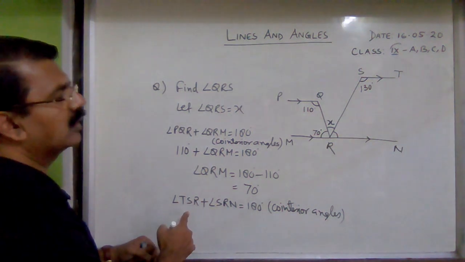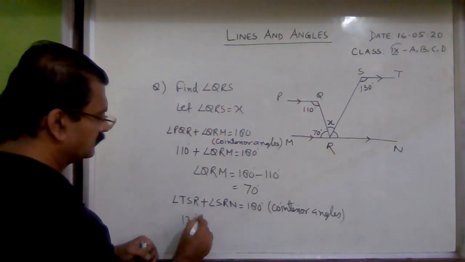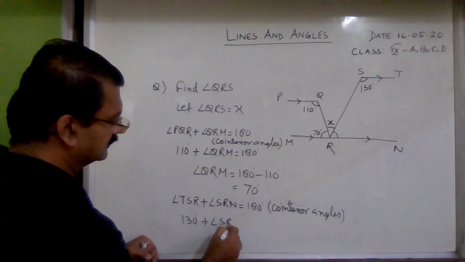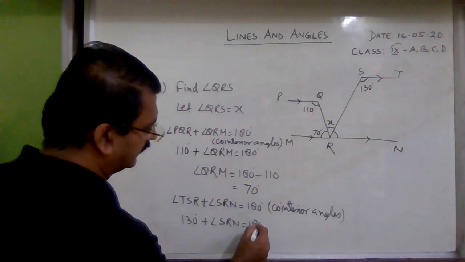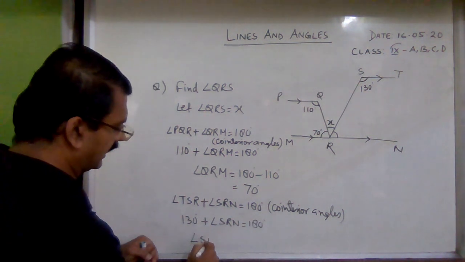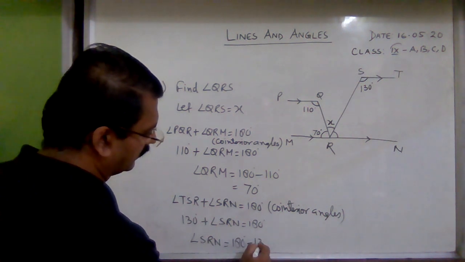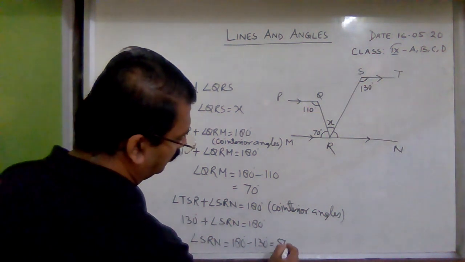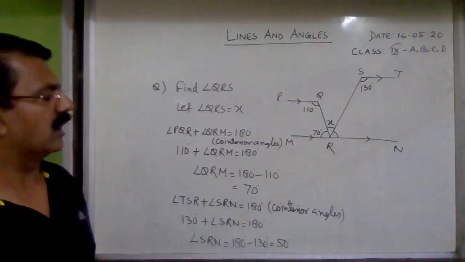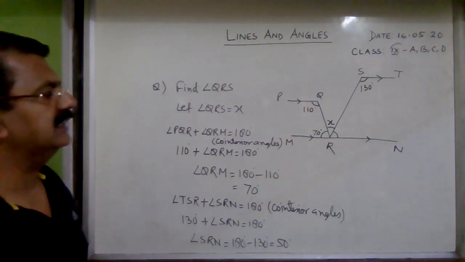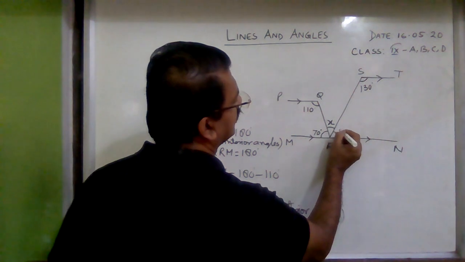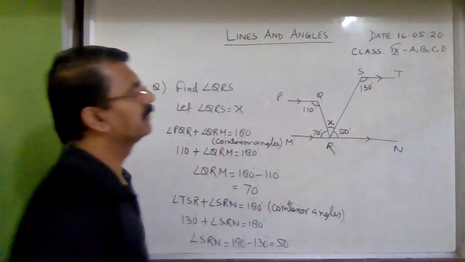Now TSR is already given, 130, plus angle SRN is equal to 180 degrees. So angle SRN is equal to 180 minus 130, which is 50 degrees. So this angle is 50 degrees.